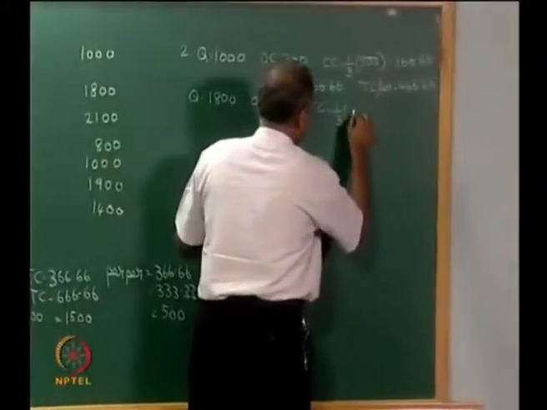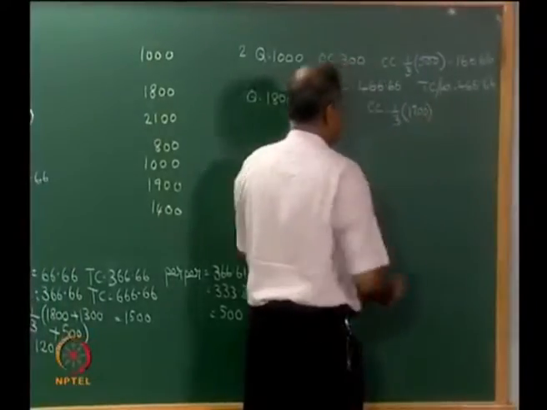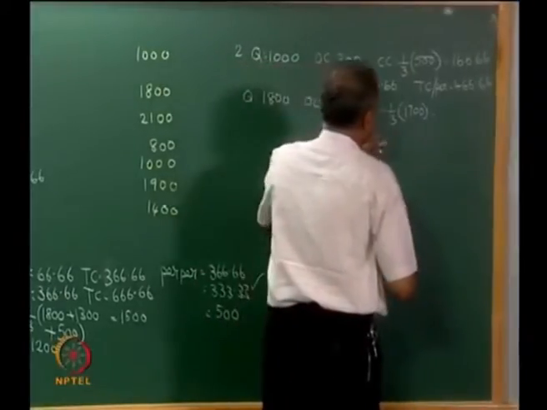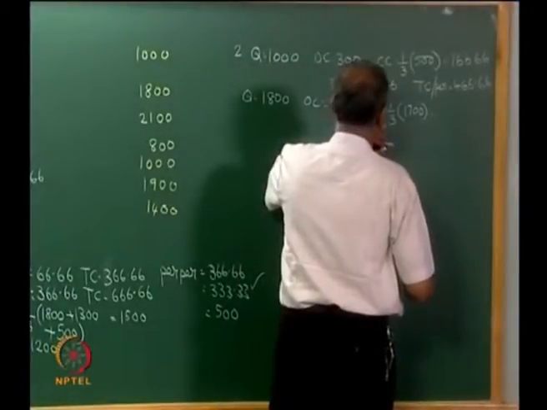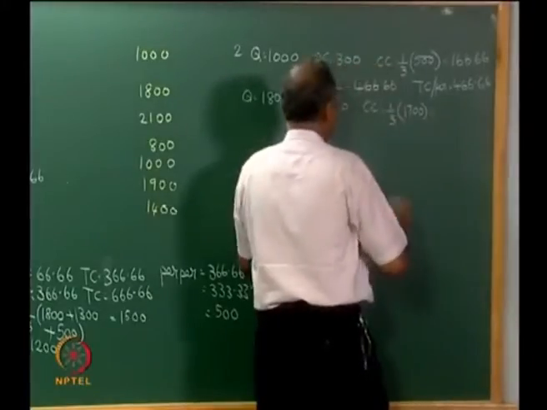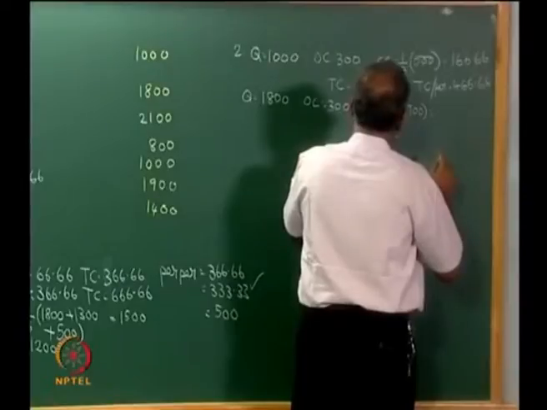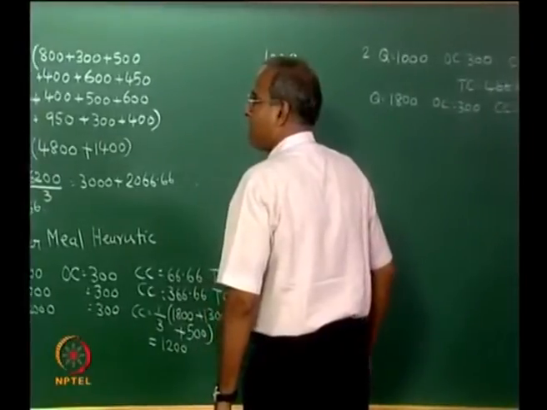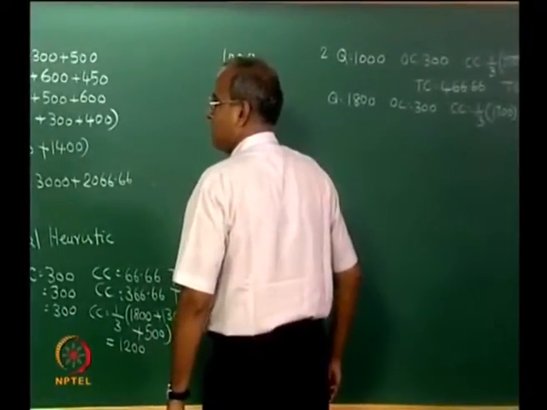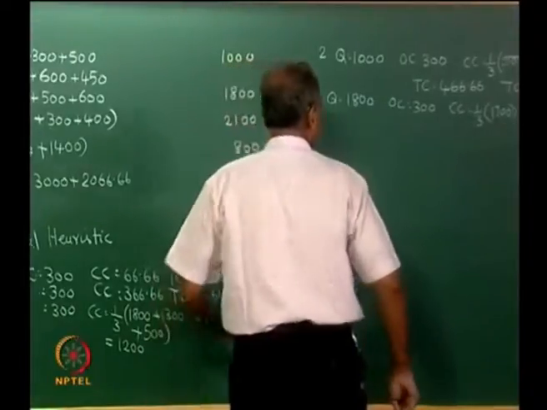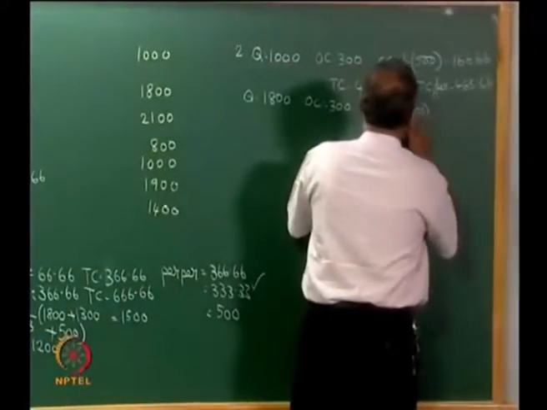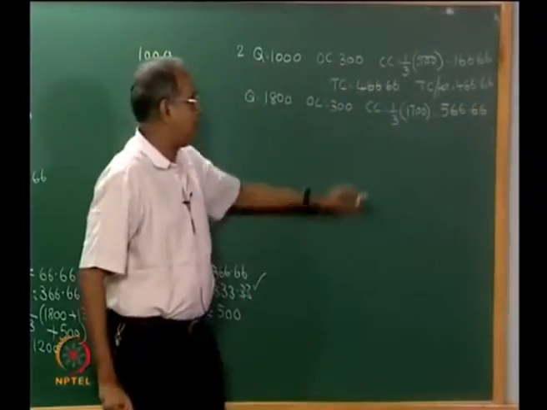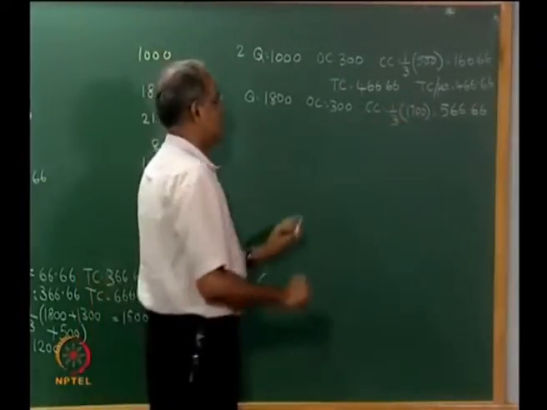So, 1 by 3 into 1700 which is 5100 divided by 3, 1700 by 3 is 566.66.